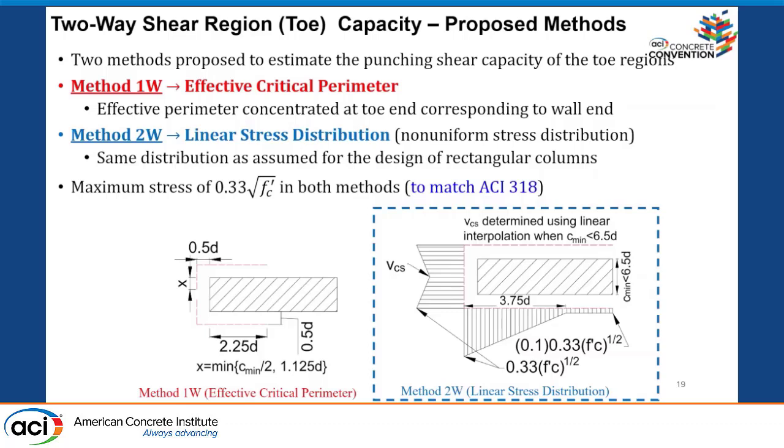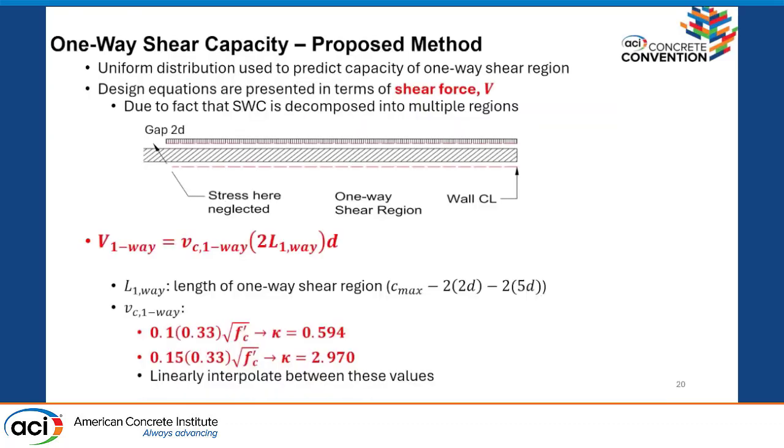This is on walls. And for one-way shear, we removed the gap, and the rest is the one-way shear region. We limited the stress to 10% of 0.33 square root of f'c, going to 15% when you have a thicker wall.